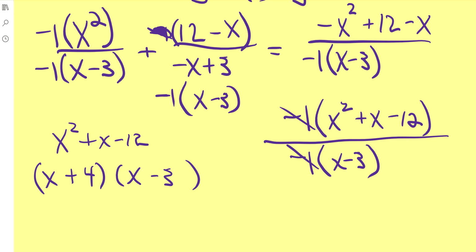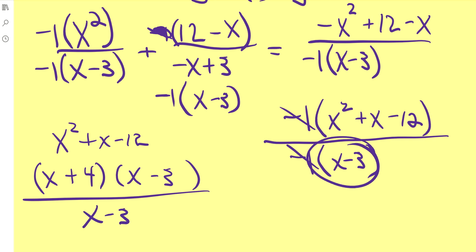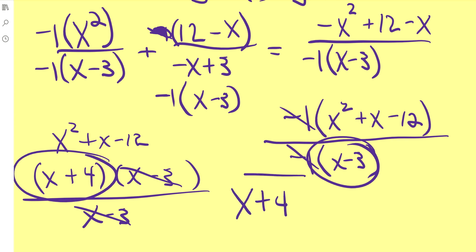This is my numerator now, and it's over x minus 3. The x minus 3's cancel, and I'm left with, you got it, x plus 4. That's my final answer.